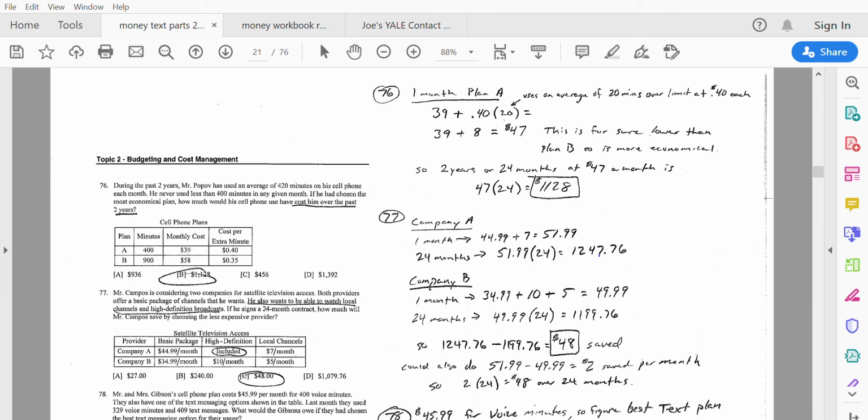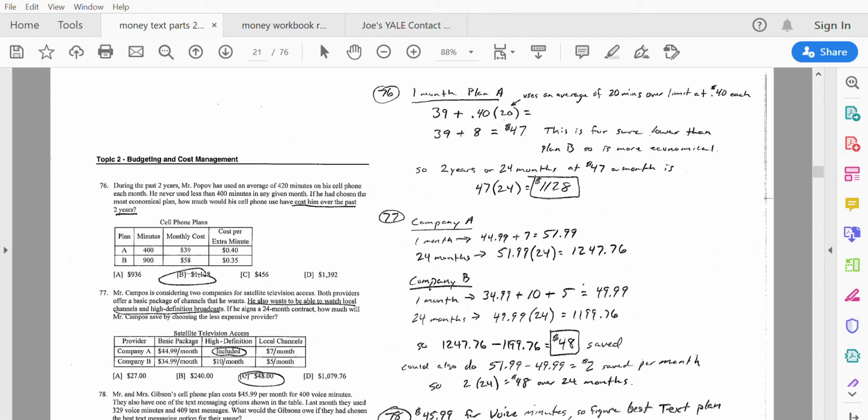Here's the cost. Now we want to know how much he will save by choosing the cheaper one. So we got to figure out how much difference it is. So we take the cost of company A minus the cost of company B, and we find it's $48.